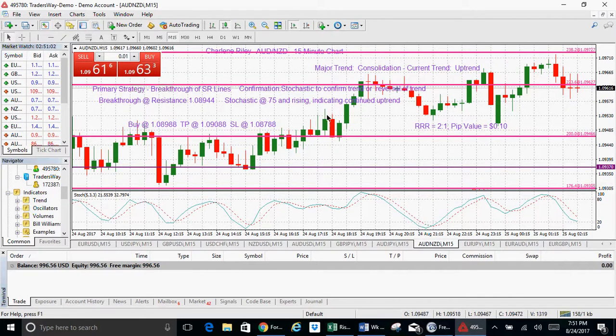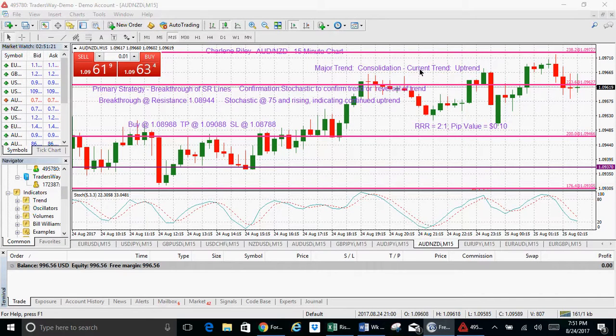The wording that's here on the chart is from previous trades and trade setups.